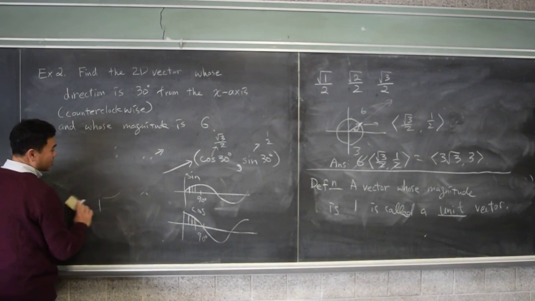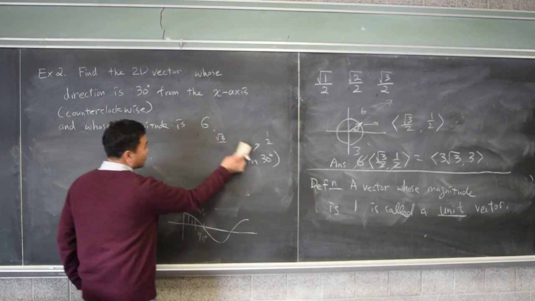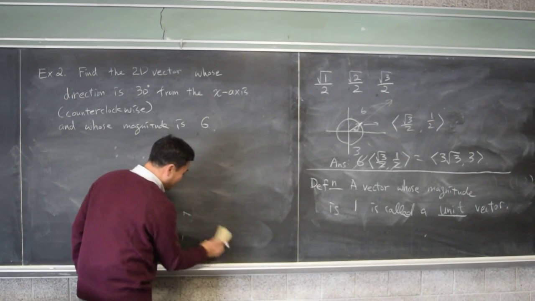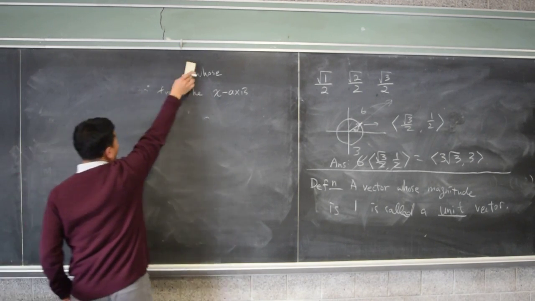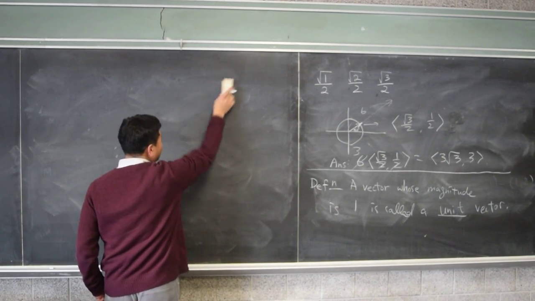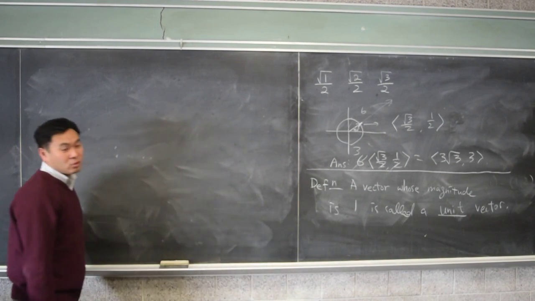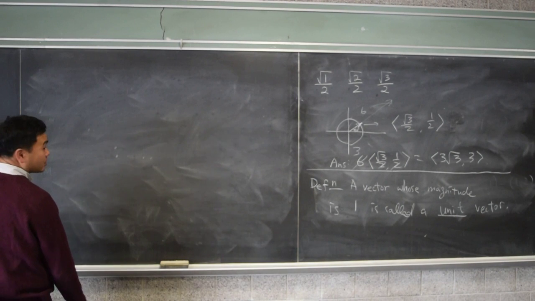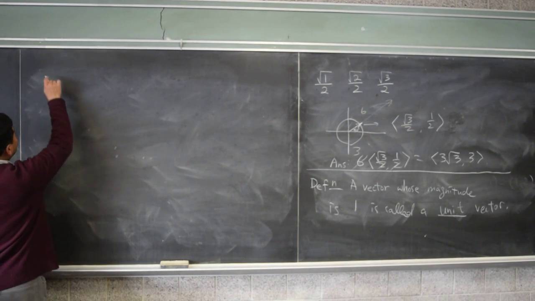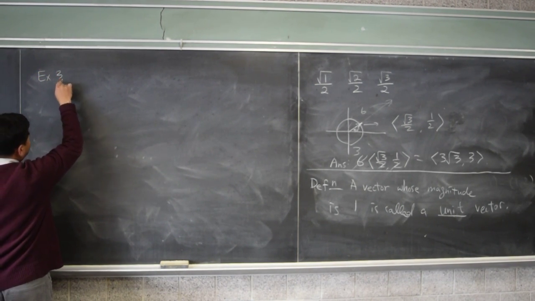Whenever you see the word unit vector, you should understand that the magnitude is, what's the magnitude? 1. Whenever you see the word unit vector, you have to understand that it's a vector with size 1. Okay. All right, so here's the next example.